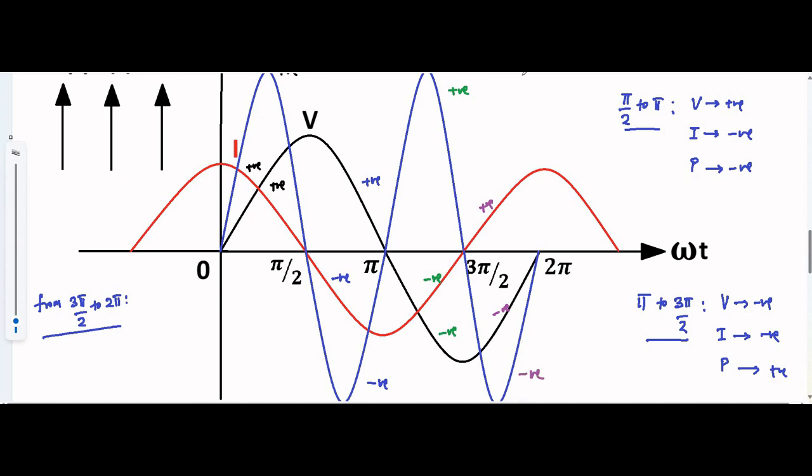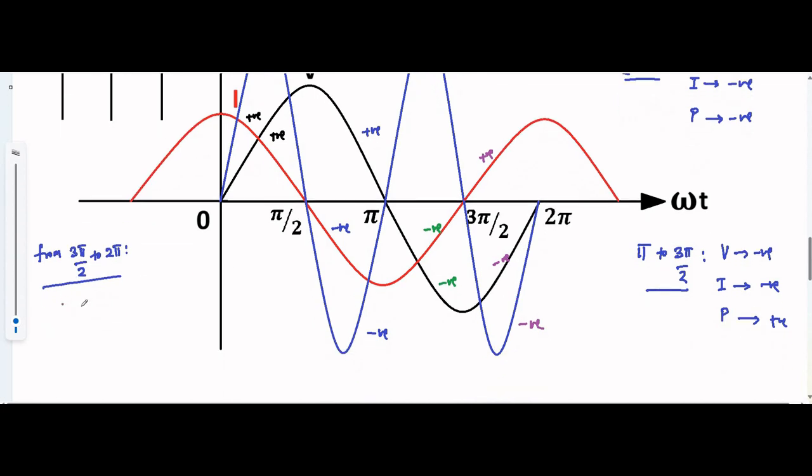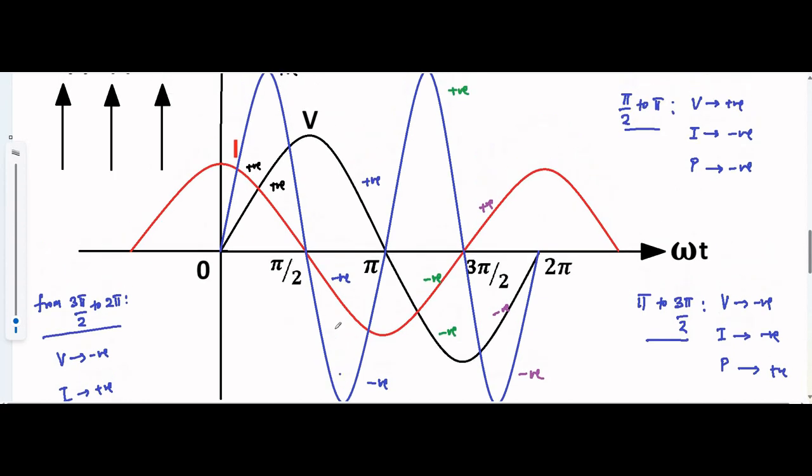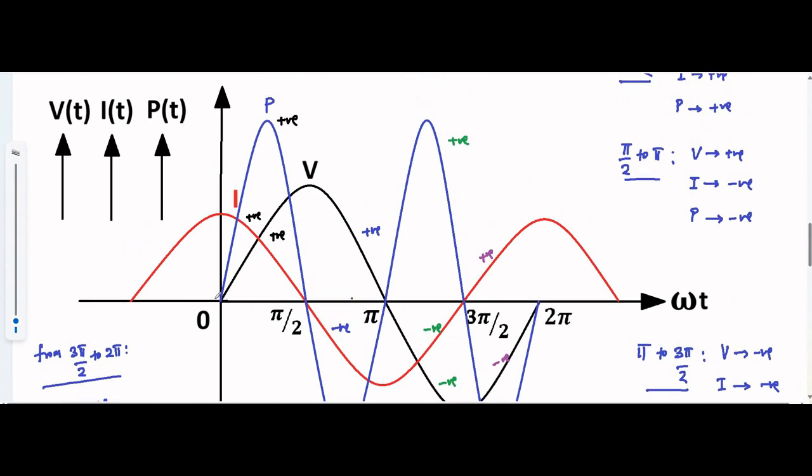The power waveform from 3 pi by 2 to 2 pi is negative, in the downward direction. So this is the nature of the power curve, with average value equal to 0 over the entire cycle from 0 to 2 pi. Same as in inductance.